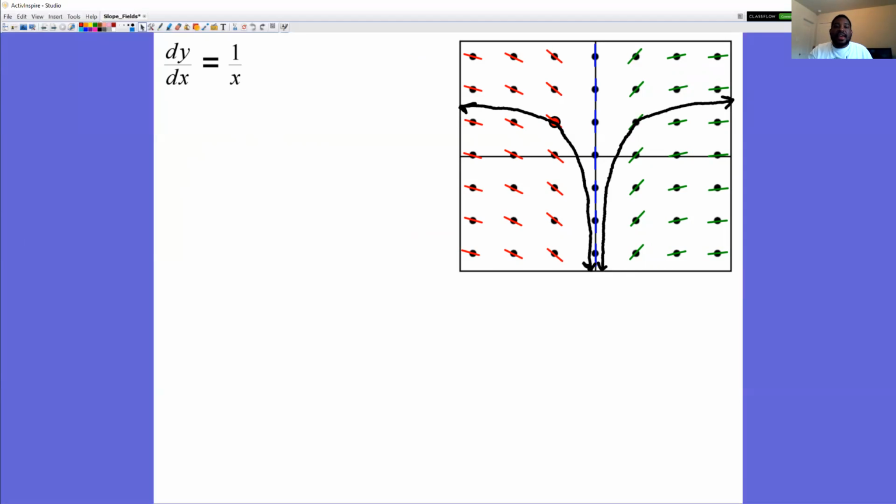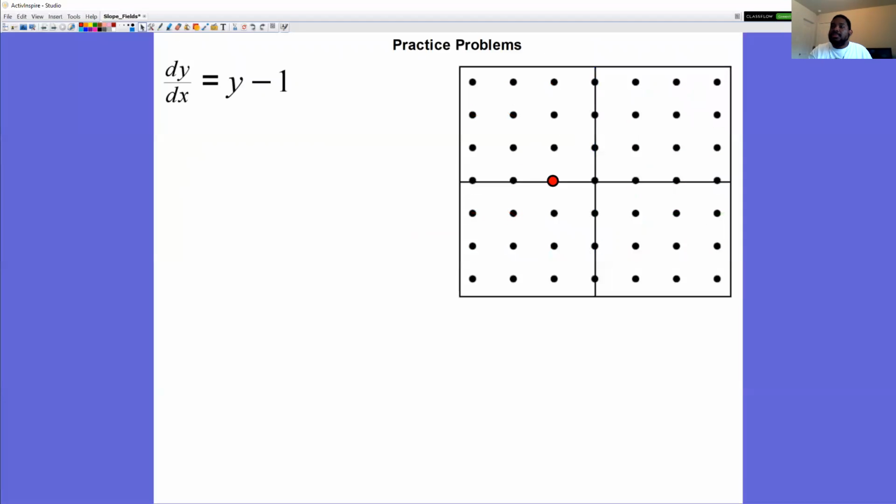So if you understand how to sketch solution curves through the slope field, then you can do these practice problems. There's the first one, and the point you're going to try to draw the solution curve through is -1, 0.